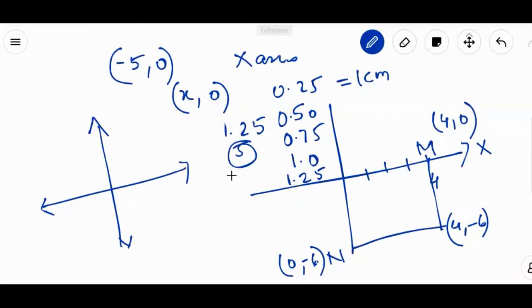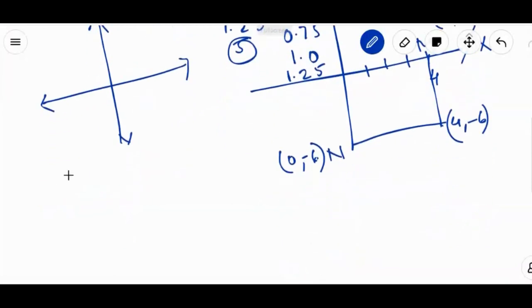They are telling you use scale 1 centimeter is so much. So all your values will change now. Look at the table and tell me what is your first point. X value will be 5. And y is minus 0.5, which means the value of y here is minus 2. This is your first point. This is how you decide this.